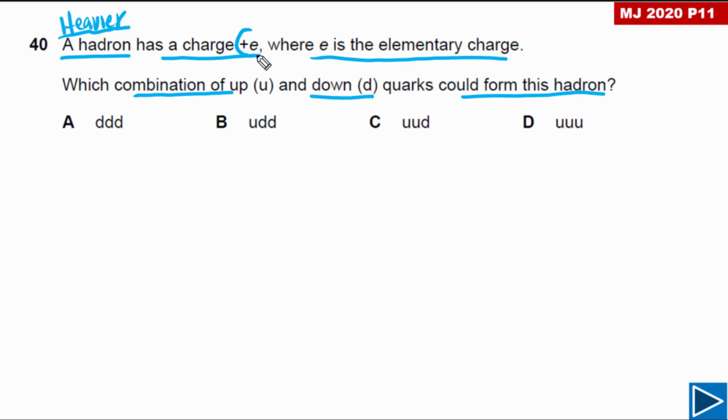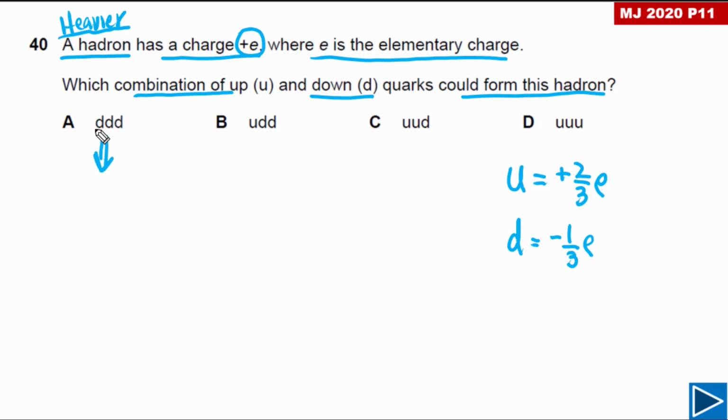First of all, let's try to understand the charge on an up quark. Each up quark has charge plus 2/3 e. Each down quark has charge equal to minus 1/3 e, meaning 1/3 of the charge on a single electron. For this one, we need to find the charge on each combination.